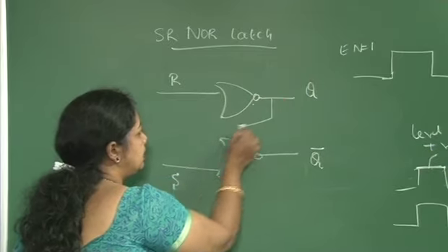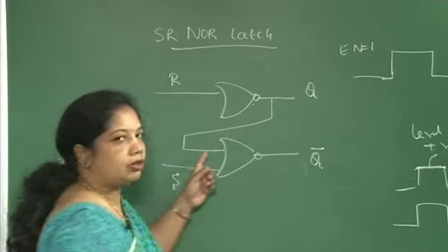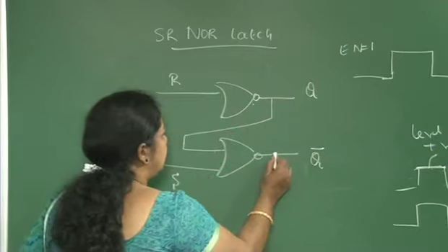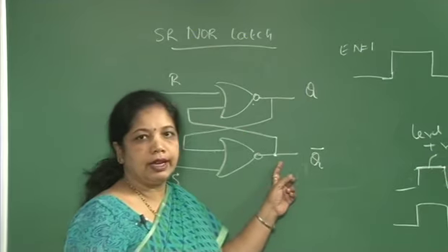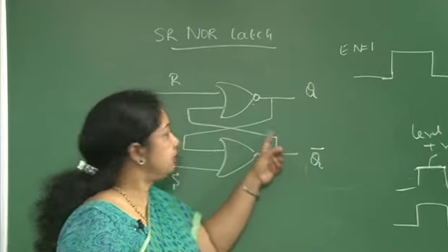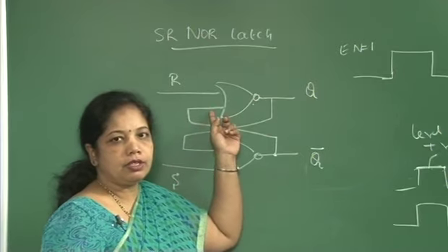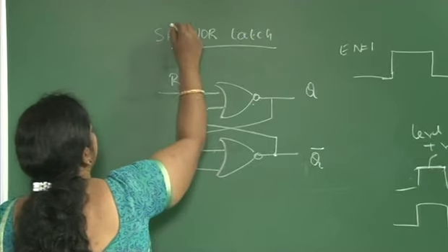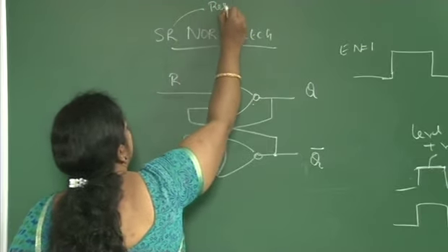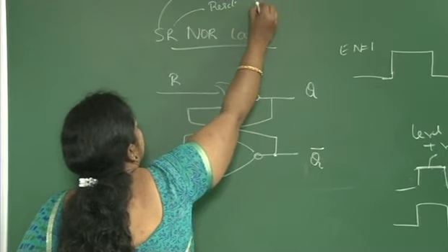So, the output of the first is connected back to the input of the lower gate. Similarly, over here, the output of the second NOR gate is connected back to the input of the first NOR gate. Here R is nothing but reset, S is nothing but set.